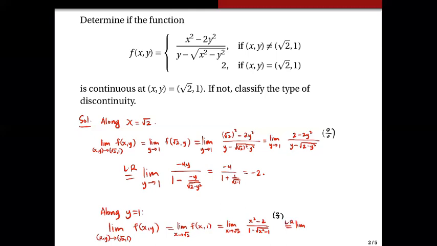So this will be the limit as x approaches square root of 2. We get the derivative of the numerator, it's just 2x. We get the derivative of the denominator, this is negative x over square root of x squared minus 1.